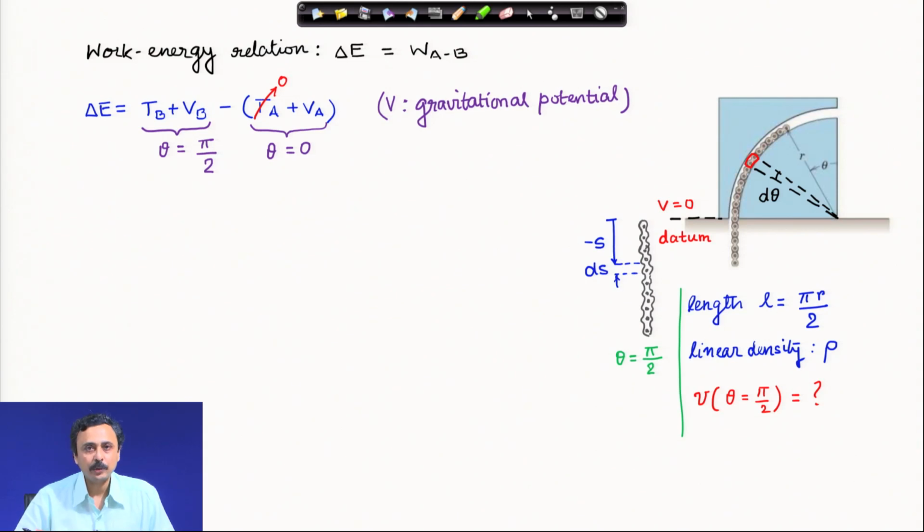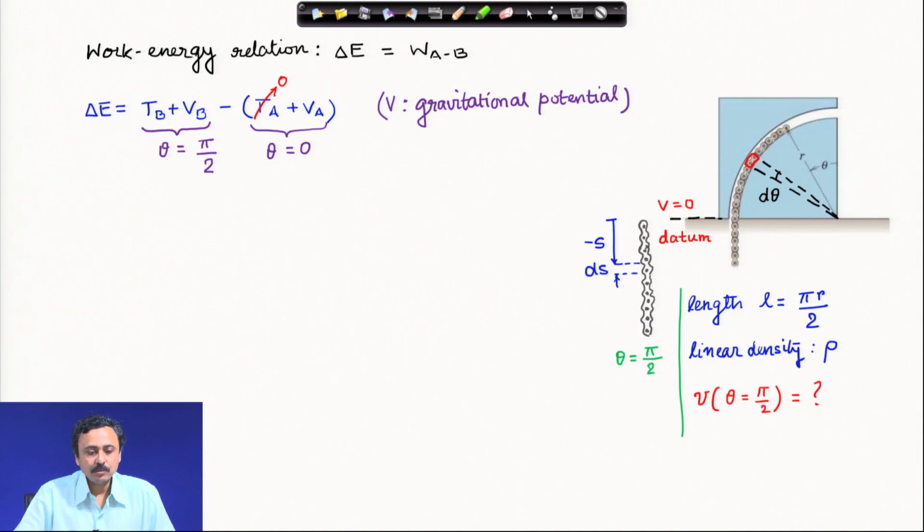Therefore, the normal component will not do any work, it is out of the purview of the work energy relation. Had there been friction, then that would have come through friction, because friction acts tangent to the path, and then the problem gets more complicated. Anyway, our problem is frictionless.